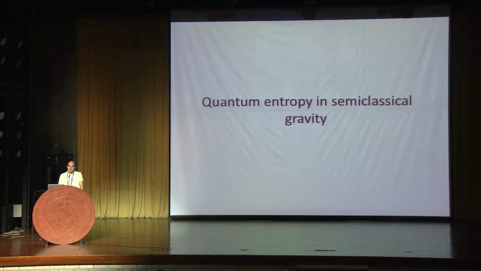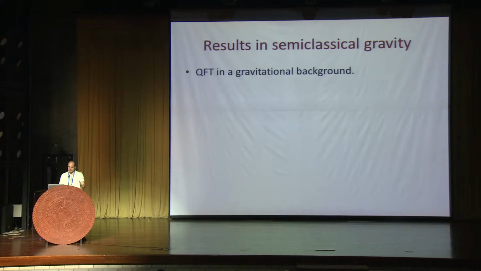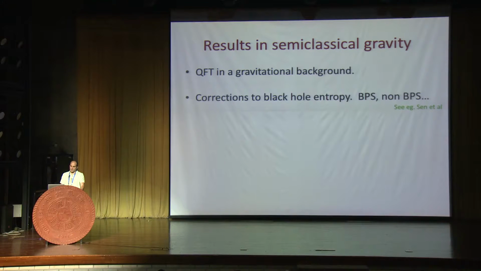Now, so all of this was entropy in the context of quantum field theory. And now we can discuss quantum entropy in semi-classical gravity. So we consider the quantum field theory now in a gravitational background. And then there was a lot of work in understanding corrections to black hole entropy, both for BPS and non-BPS black holes.